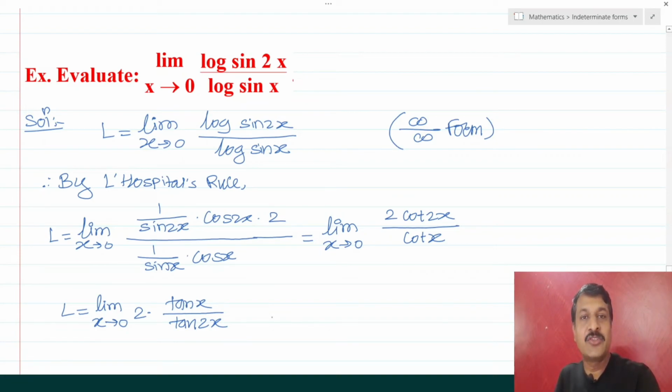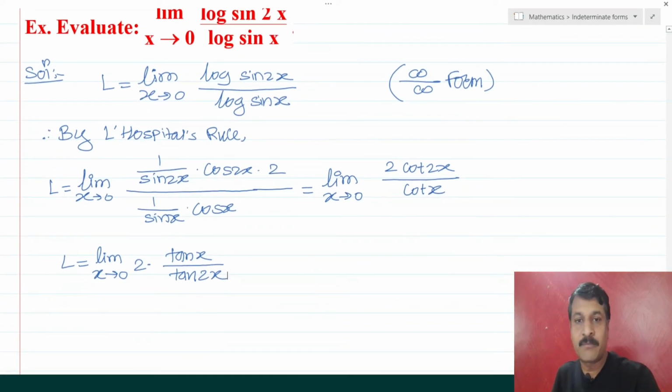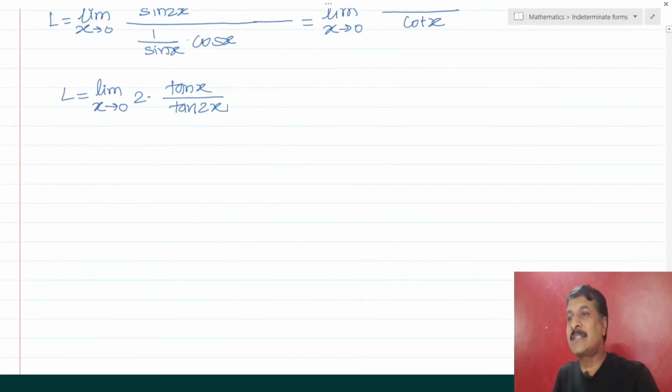So again 0 by 0 form, or you can use L'Hospital's rule here. So by L'Hospital's rule, again take the derivative of numerator and denominator and put the limit. Instead of that, one can use a direct or standard result if you know. Otherwise, you have the other option, use the indeterminate form, L'Hospital's rule.